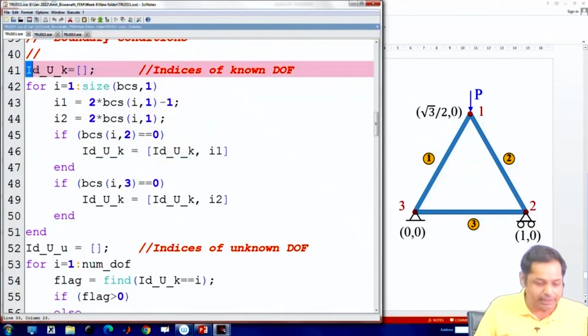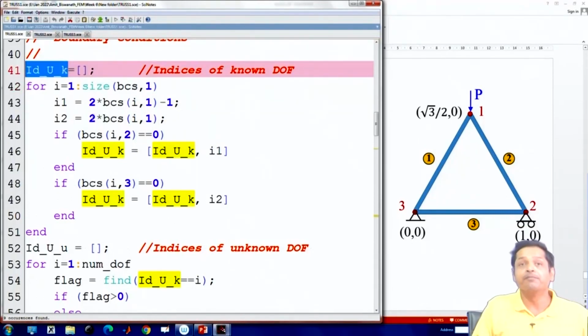These are essentially the indices of the known degrees of freedom. For instance, in this case, what degrees of freedom are known? We know that U3 is known, which is 0, U5 is 0, and U6 is 0.